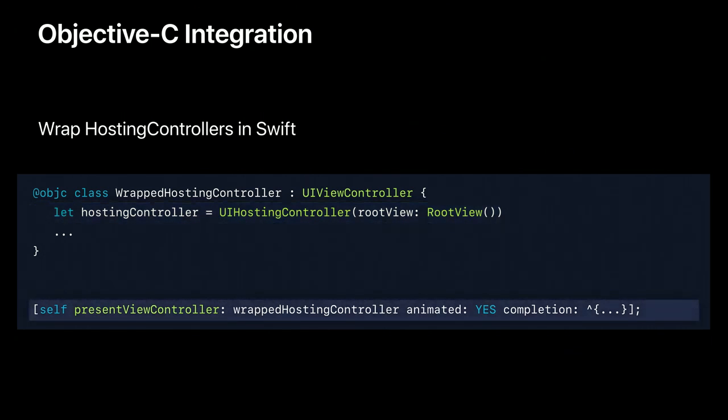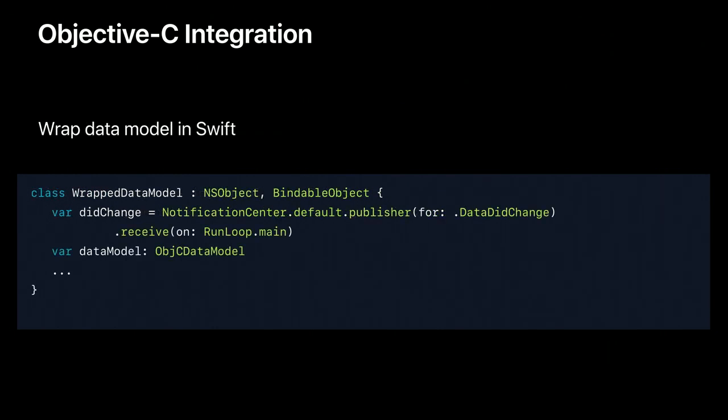Now that we have a UIViewController, we can go ahead and use it from our Objective-C implementation files like we would any other UIViewController. In this example, we're just presenting it. Similarly, you'll need to wrap your data model as well, so that we can implement the BindableObject protocol. So here we have a simple Swift class that implements the BindableObject protocol via a NotificationCenter publisher. This is an example. Let's just say our Objective-C data model is already issuing NotificationCenter notifications.